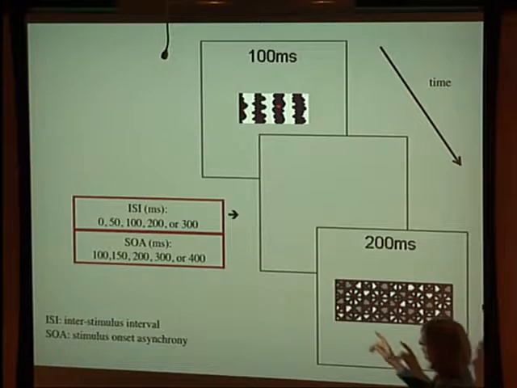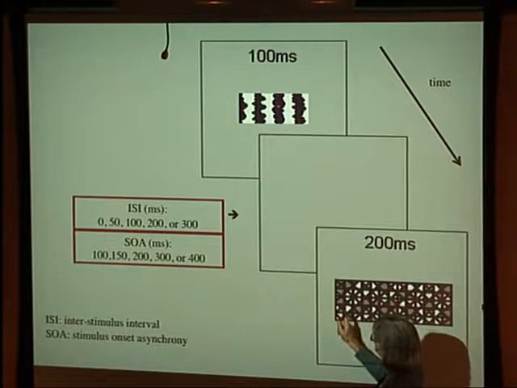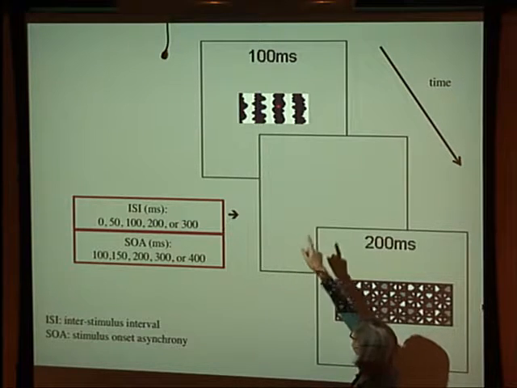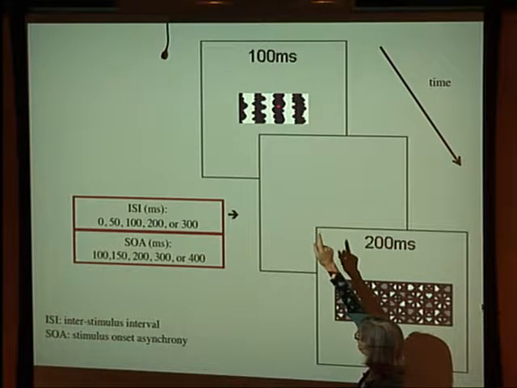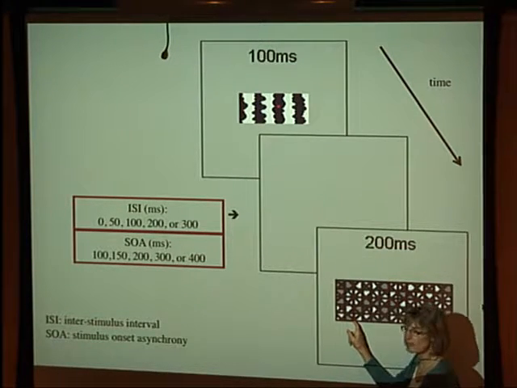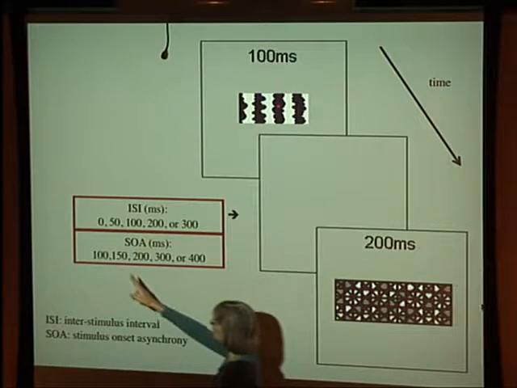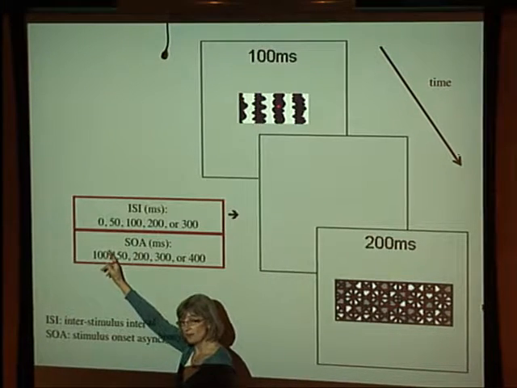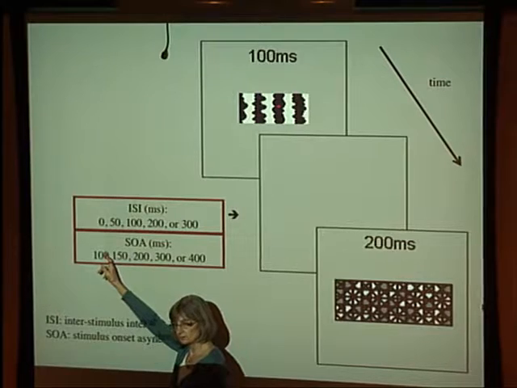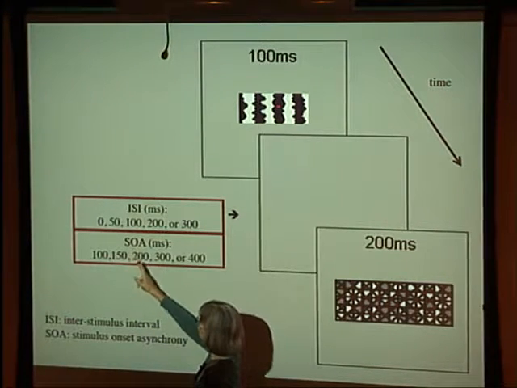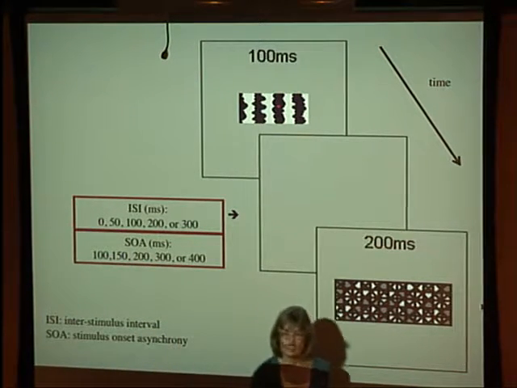And so what I'm going to talk about is the stimulus onset asynchrony, SOA, between the onset of the figure ground display and the onset of the mask. So we had 100, that is, the mask came up immediately after that display, 150, 200, 300, or 400.